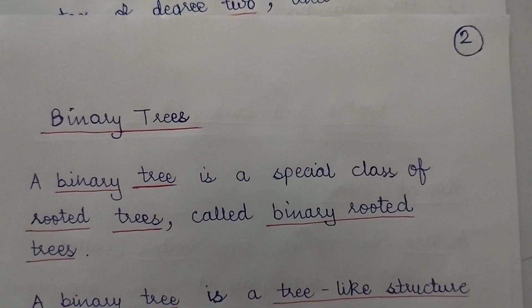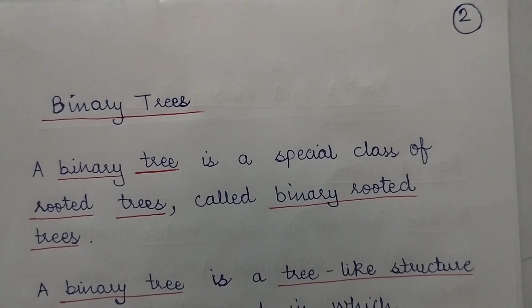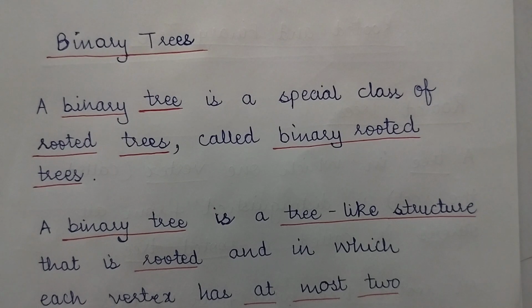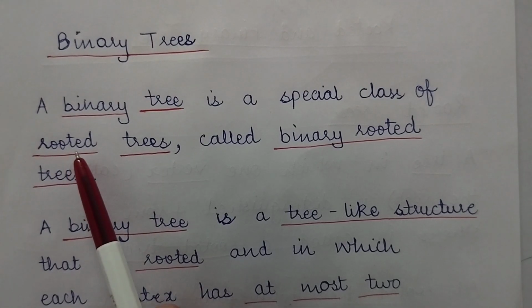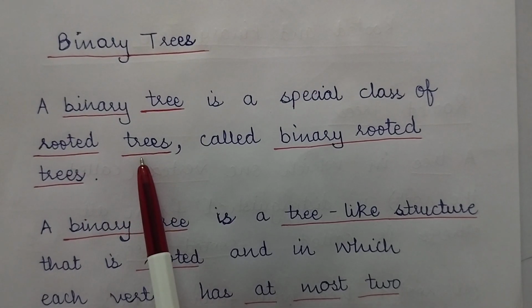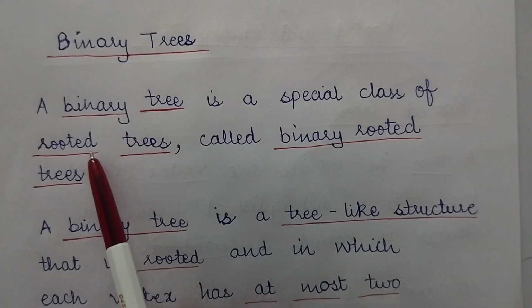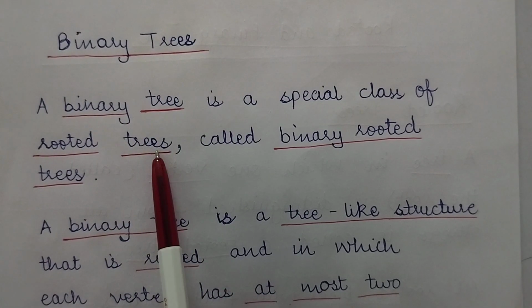Now let's see what are binary trees. A binary tree is a special class of rooted trees, right? Just like a rooted tree is a special class of a tree that we have just seen, so is a binary tree a special class of rooted tree.